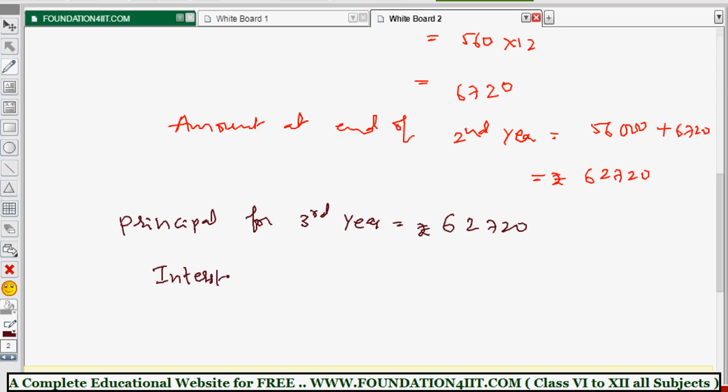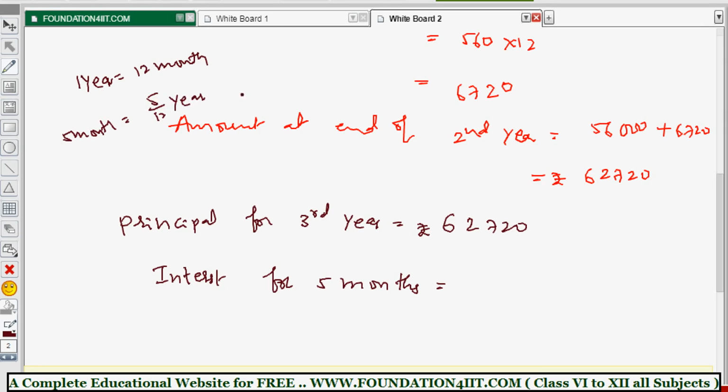Therefore, interest for 5 months. You can learn this clearly here. Because it is only 5 months, and 1 year is 12 months, if you convert 5 months into years, it is 5 by 12. If you want to convert months into years, you should divide by 12.